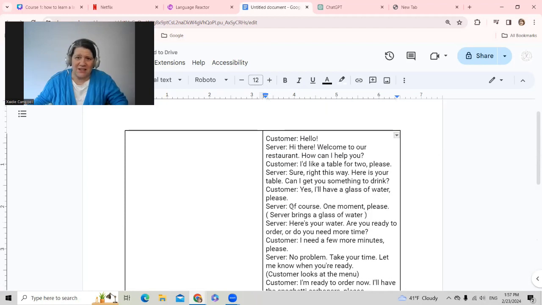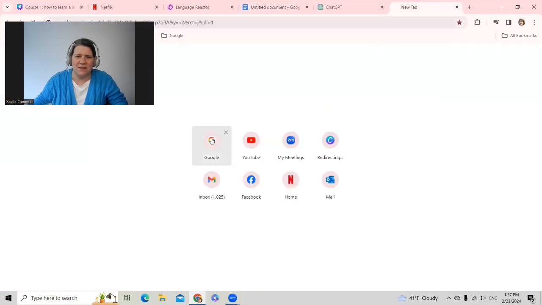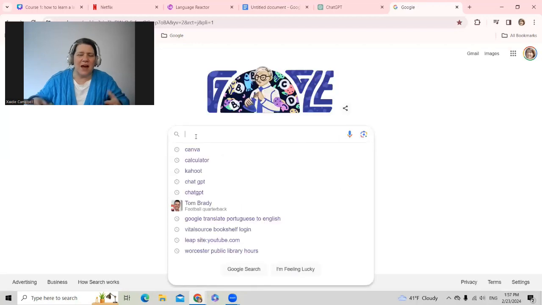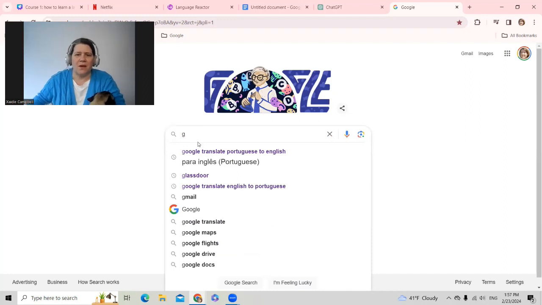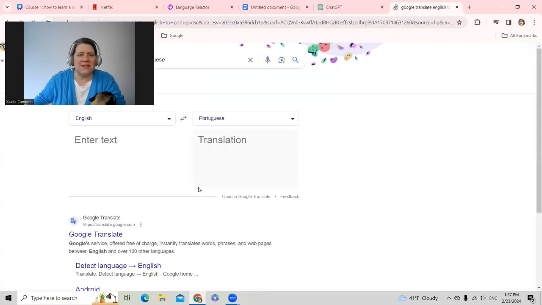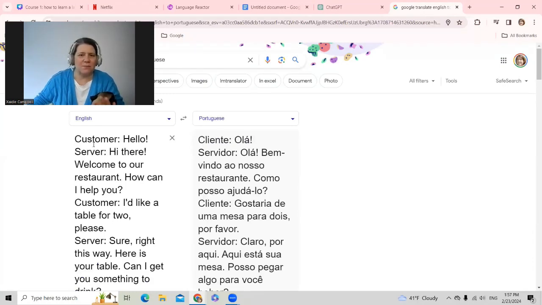And then I just take this same thing and I put it into Google Translate. So maybe I'm preparing to go to a restaurant. I don't know what I'm supposed to say, but I want to practice before I go so that I can try something out.